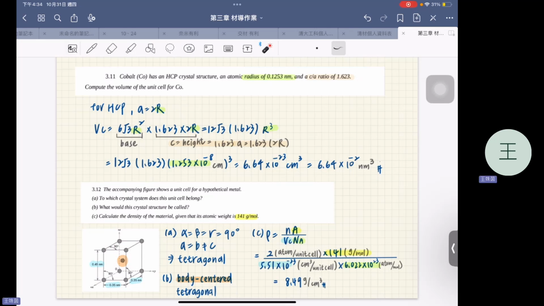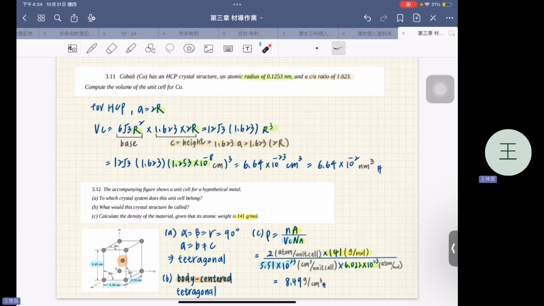Finally, we want to calculate the density of the material, given the atomic weight is 141 grams per mole. We know the equation for the density, so we put this inside. For BCT, there are 2 atoms inside a unit cell, and here is the atomic weight divided by the volume of the unit cell.